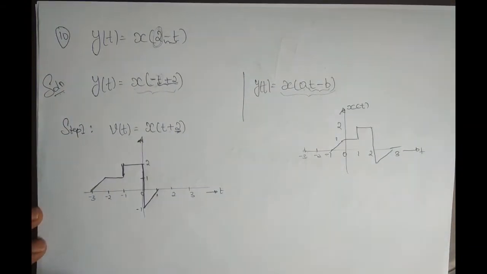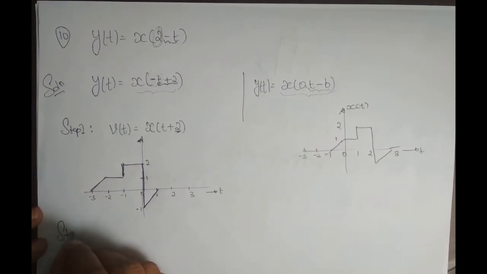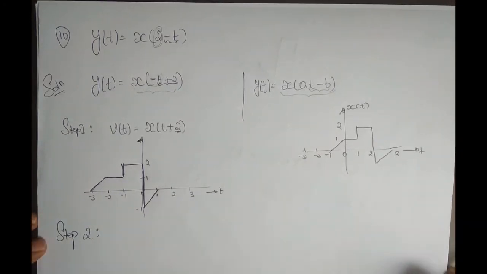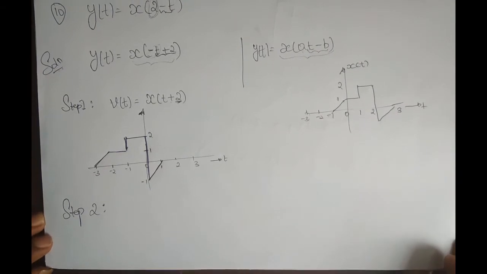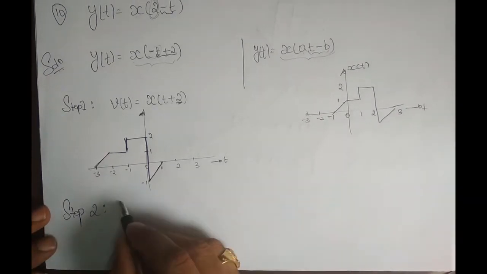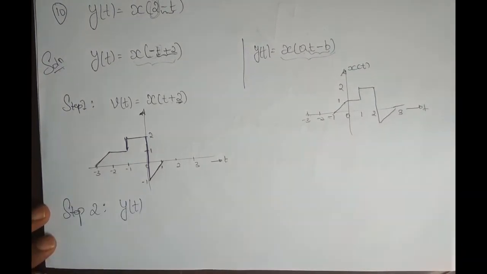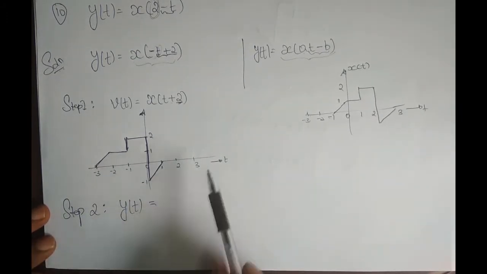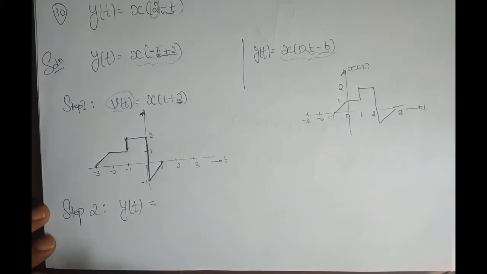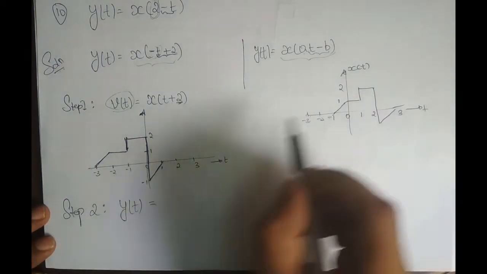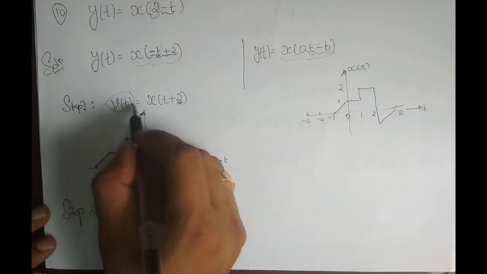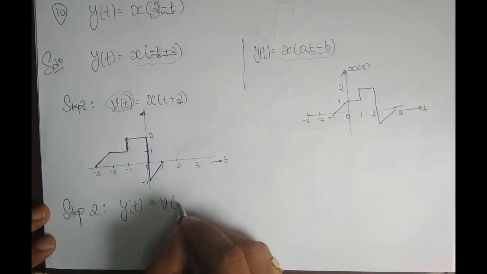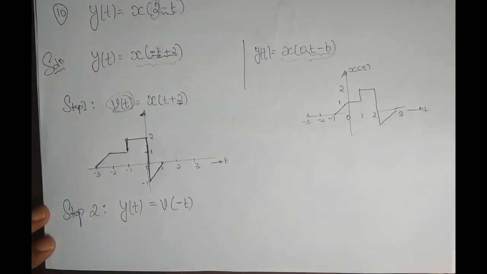Now what is it that I need to do? Step number 2. In step 2, our original resultant signal y of t, I have to scale the intermediate signal. What is the scaling part? The scaling part is minus t. So I have the intermediate signal v of t, and I have to make it v of minus t, right?